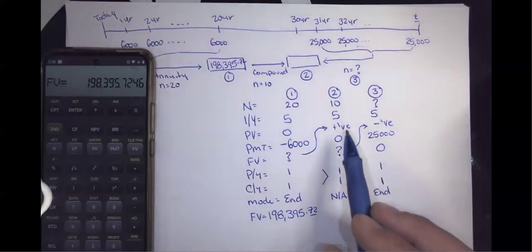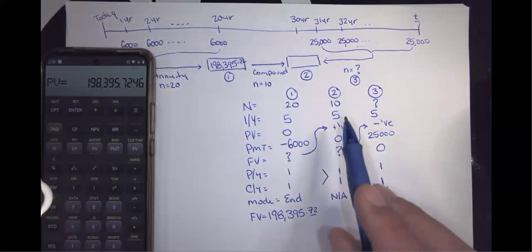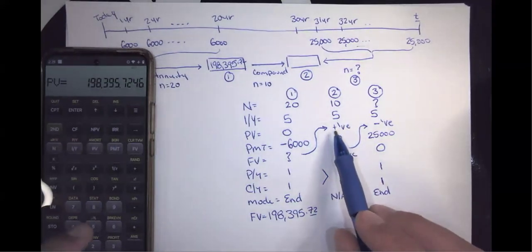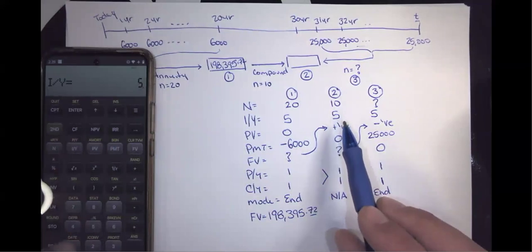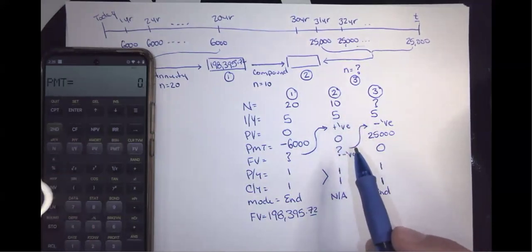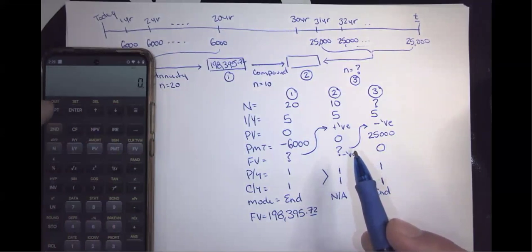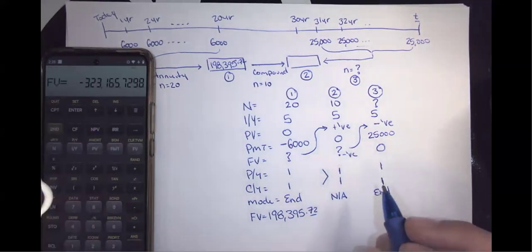Now this future value becomes the present value for our next calculation. So just press the present value button. I'll make sure that our interest is 5%, make sure our N is 10, 0 payments, 0 future value. Our payments and compounds are both 1, so let's compute the future value.